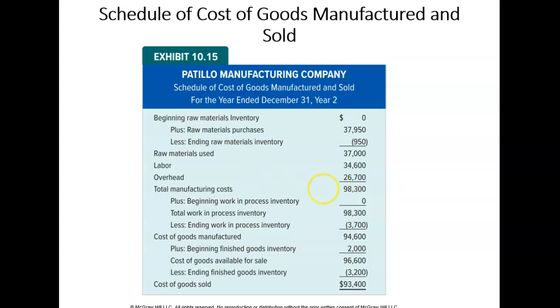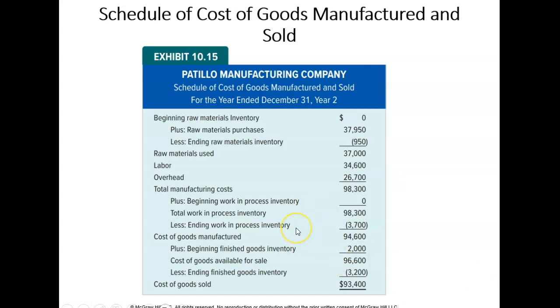So your total manufacturing cost was $98,300. You're going to add to the manufacturing cost your beginning work in process inventory. For this example, that amount was 0. So our total work in process inventory was $98,300. That was the total cost of all of the items that we were working on throughout the course of the year.